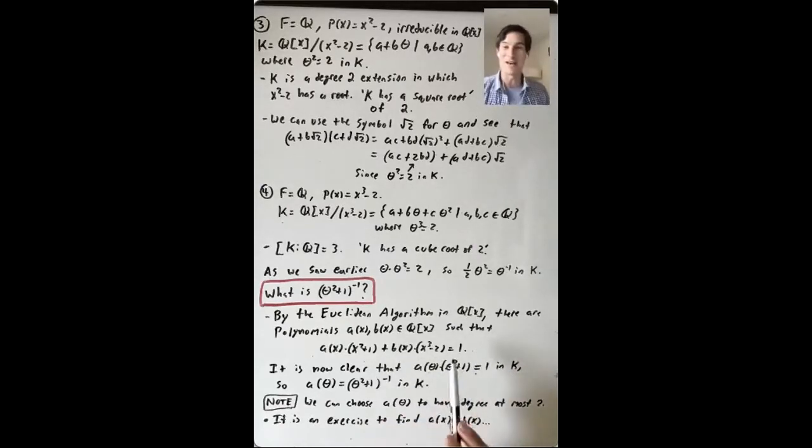I didn't make you do that on the exam because it just involved a bunch of arithmetic that I thought was not great for a stressful timed exam. So I'm going to pause and erase, and I'll actually do this example and really show you what a of theta, that is theta squared plus 1 inverse, is in this field K.